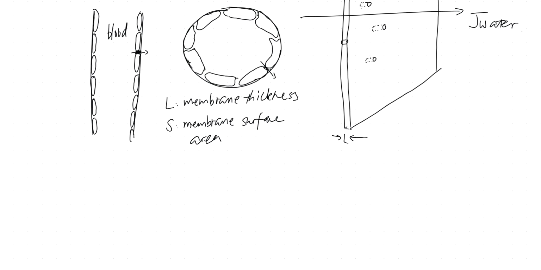So this is one pore. For this pore, the length is L because this is the thickness of the wall, and the pore radius, we use capital R.